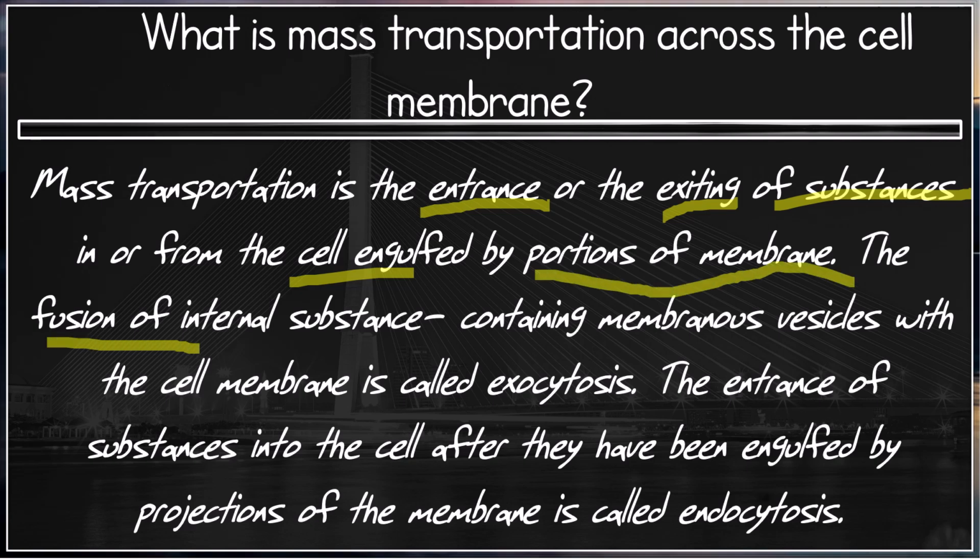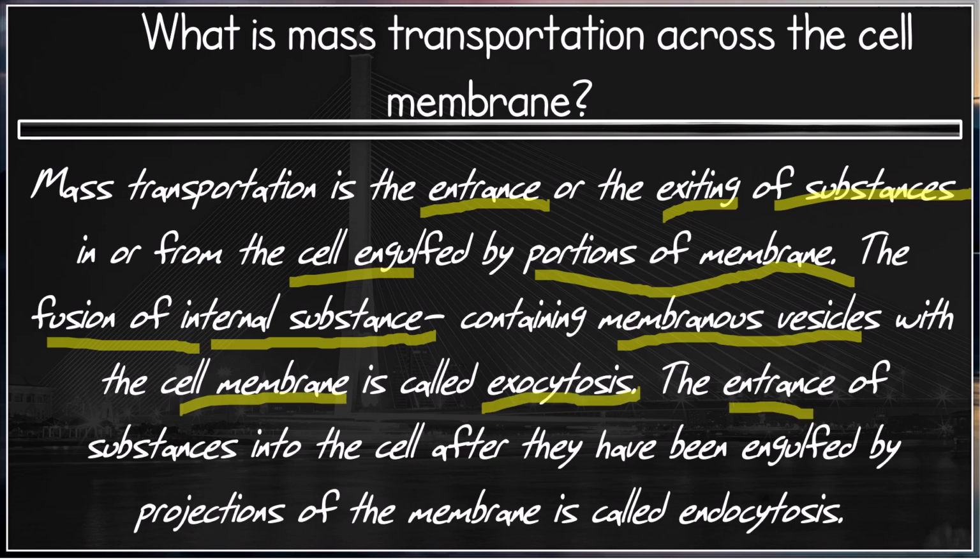The fusion of internal substances containing membranous vesicles with the cell membrane is called exocytosis. The entrance of substances into the cell after they have been engulfed by the projection of the membrane is called endocytosis.